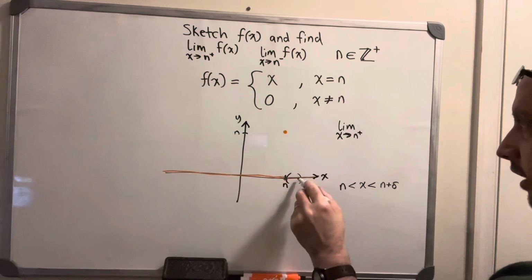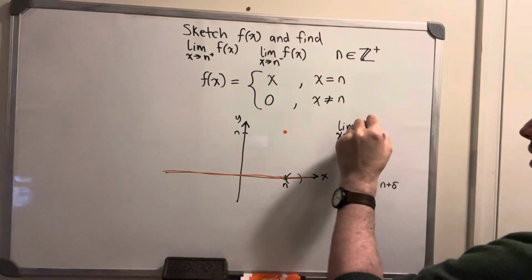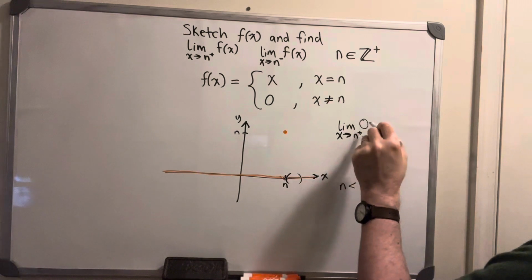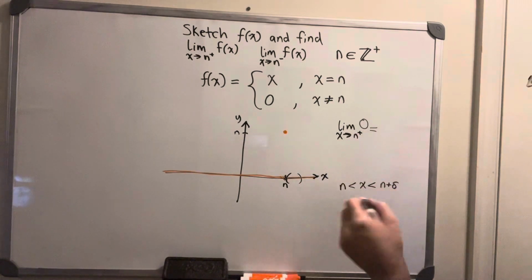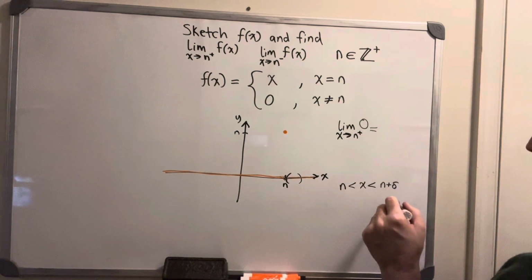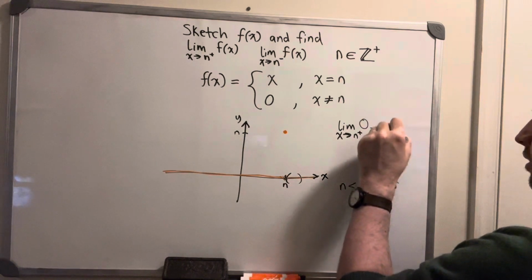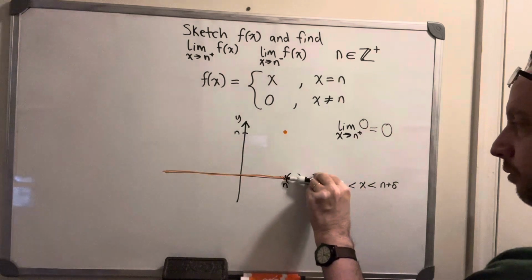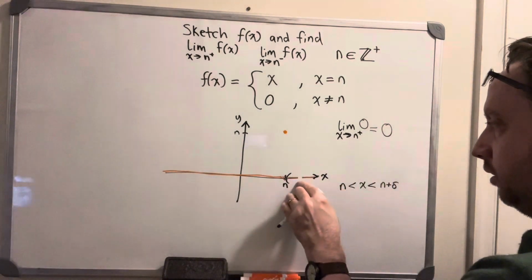X is not equal to n. And the function in that interval's value is 0. Very easy. The limit of a constant is the constant, right? So the limit as x approaches n from the right is 0.